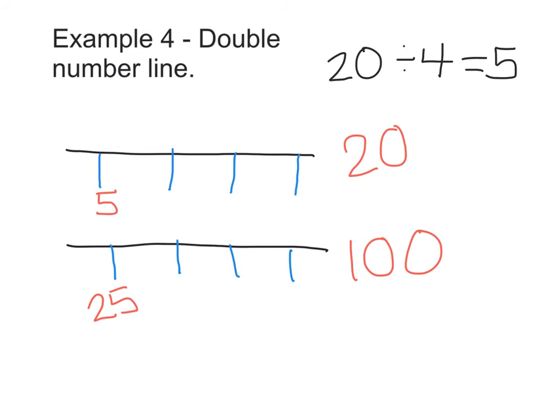To find 25% of 20, we look at the number line and we can see that the lines match up, and 25 and 5 are on the same line. So we can assume that 25% of 20 is 5. To find 25% off of 20, you would just take 5 away from 20, which equals 15.